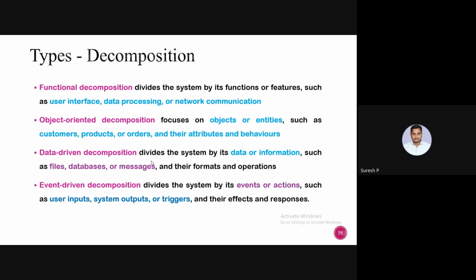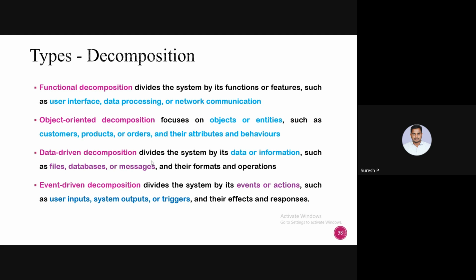So now let's discuss the different types of decomposition. Here there are four major categories of decomposition. One is functional decomposition, another is object-oriented decomposition, then data-driven decomposition, then event-driven decomposition.